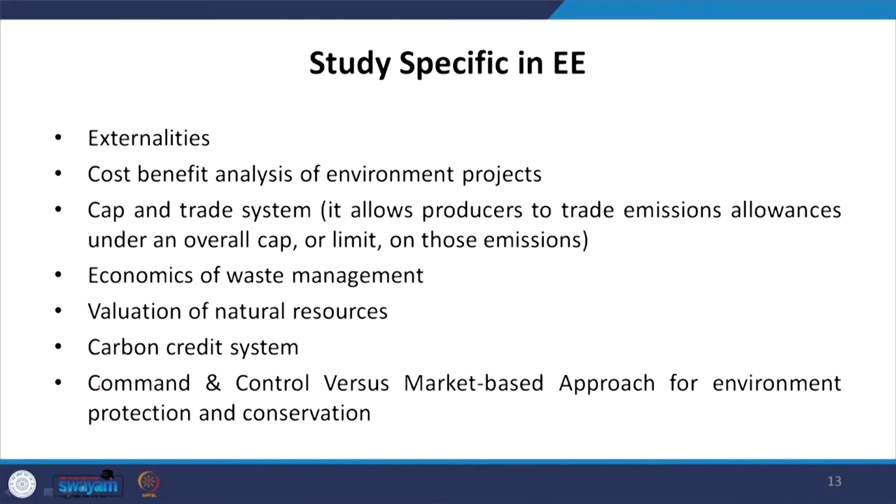Then economics of waste management is also an important topic studied in environmental economics, and most important is valuation of natural resources. As we know, environment provides us various kinds of goods and services. So, how to evaluate these ecosystem services is a major contribution of environmental economics, and sometimes in other lectures you will be able to know more about how to estimate the ecosystem services.